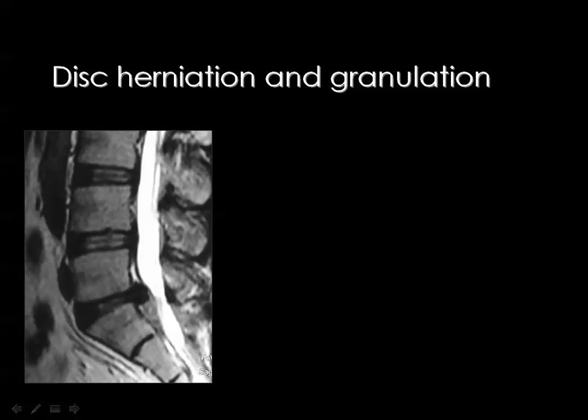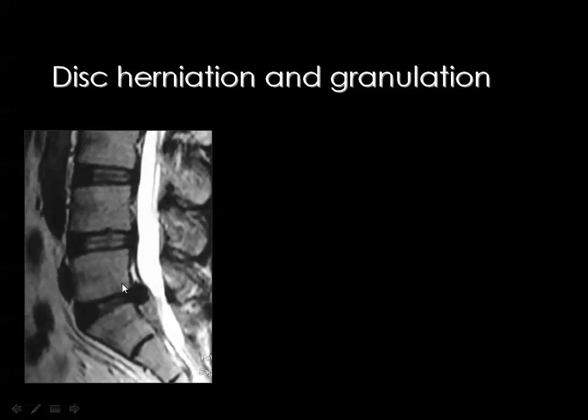Then this is a very important issue you should know, which is known as disc herniation and granulation. You know that the nucleus pulposus is very irritant to the epidural space or fat.